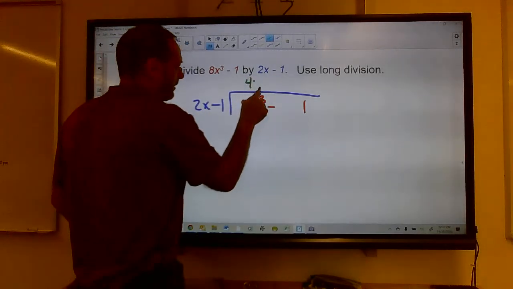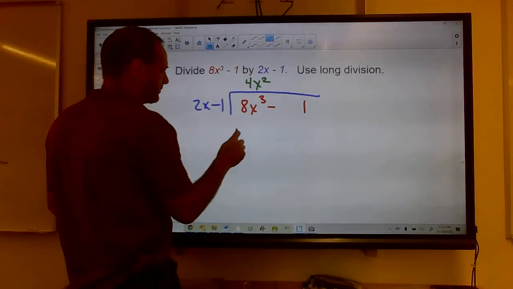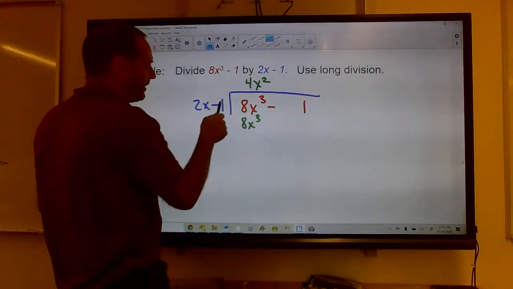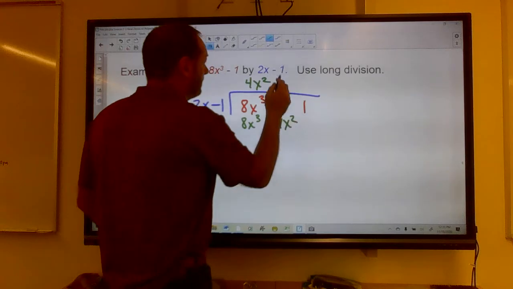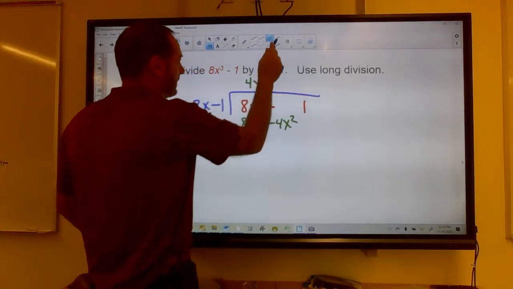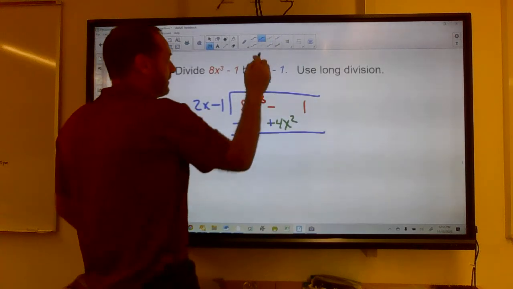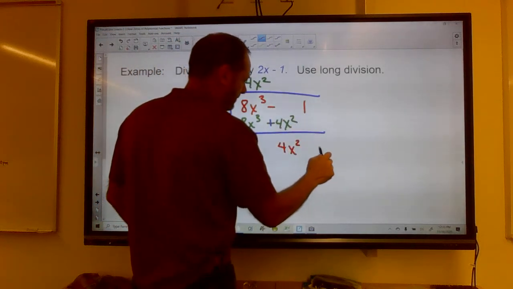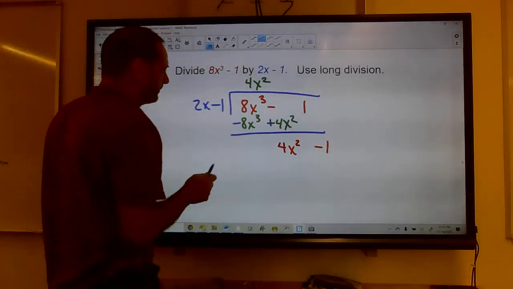That would be 4x squared. 4x squared times 2x would be 8x cubed. 4x squared times negative 1 would be negative 4x squared. And then I'm going to go ahead and subtract that. And I'm going to get 4x squared. And then I got this minus 1 over here, where this minus sign goes with that 1.